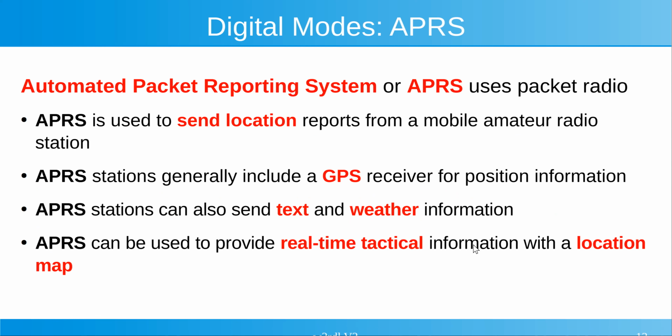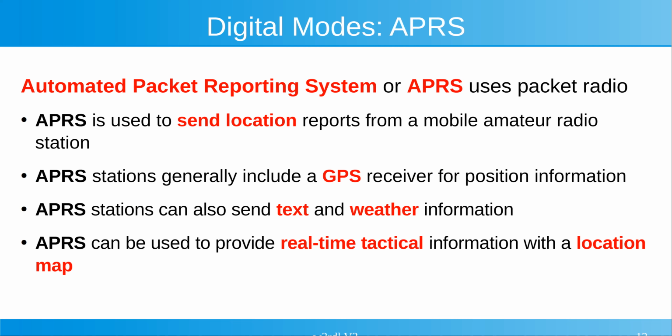APRS uses packet radio, or packets. Okay. So you're normally doing this in some mobile fashion, although my hotspot, which I think I have on a chart coming up, sends out APRS even though it doesn't move.